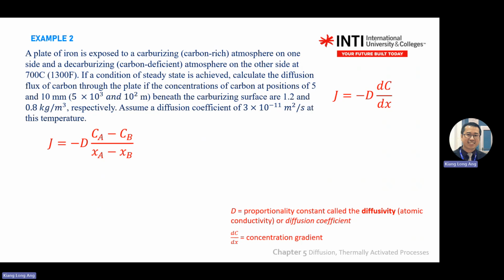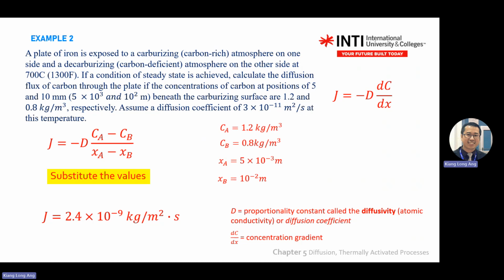Concentration 1.2 and 0.8, then the position of x. So CA, the concentration at A, is 1.2. CB is 0.8.